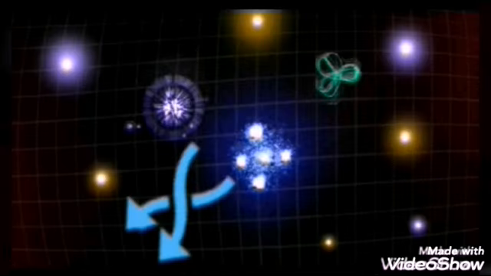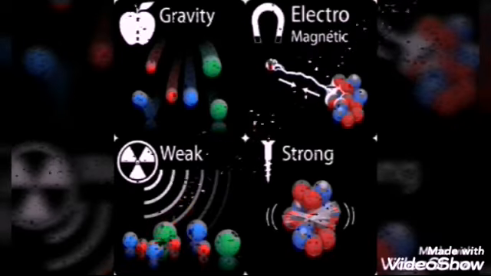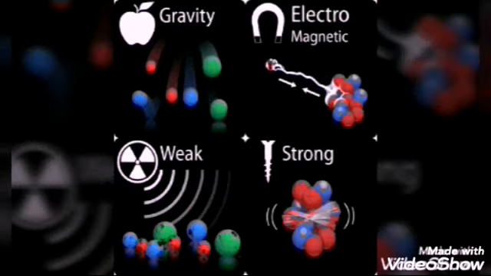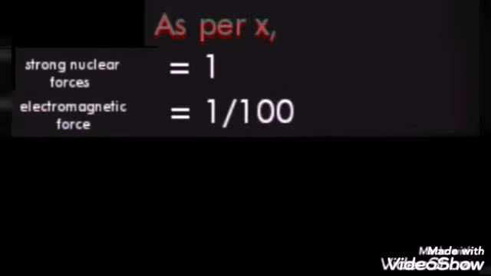Forces are caused by the exchange of particles, which acts like a thrust. There are 4 major forces that we know of. Those are gravity, electromagnetic, strong nuclear, and weak nuclear forces. If we compare the strength of these forces, and take some unit x, according to which strong nuclear force is equal to 1 unit, the electromagnetic force will be approximately 1/100th of that of the strong nuclear force.